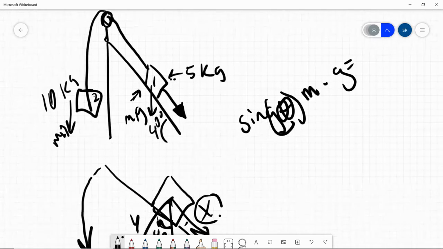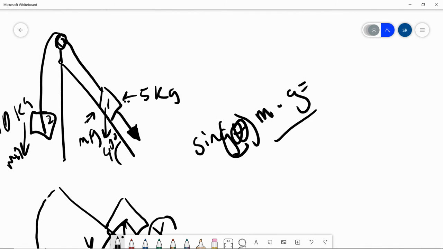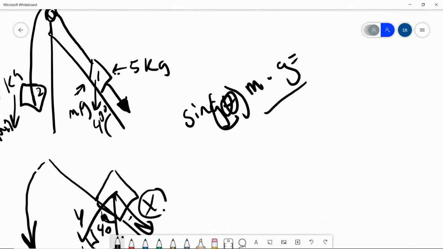So long story short, you would use opposite over hypotenuse, which leads to usage of sine. We know the angle to be 40, and the hypotenuse would be your mg. So I would make sure your calculator is in degree mode. We're going to say sine of 40 times the mass, which is in this case 5 for M1, right?